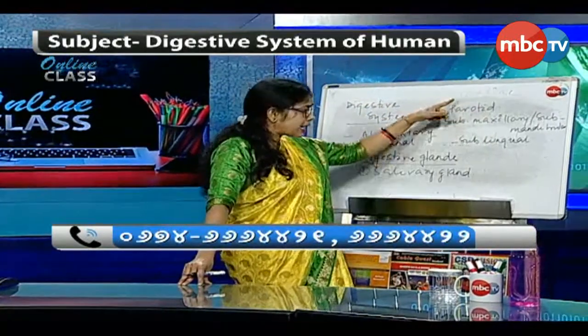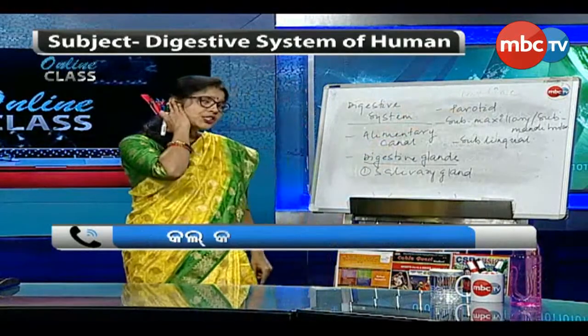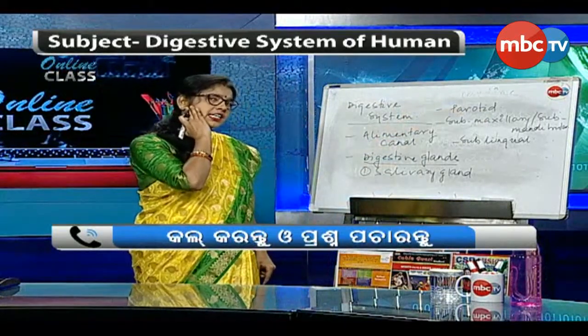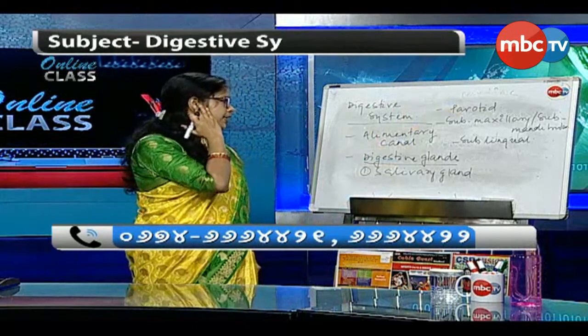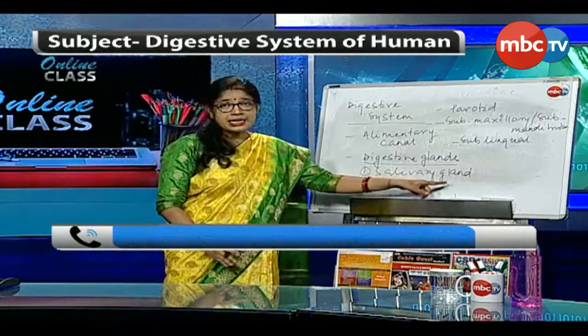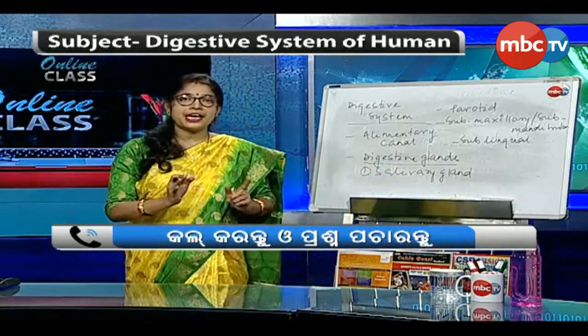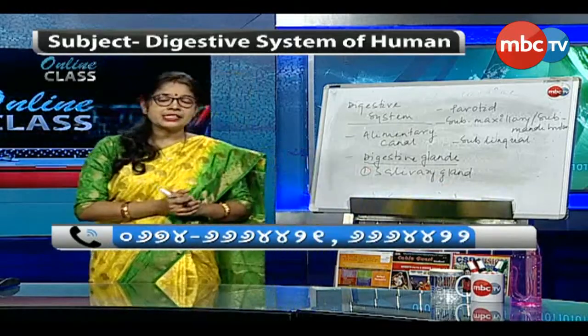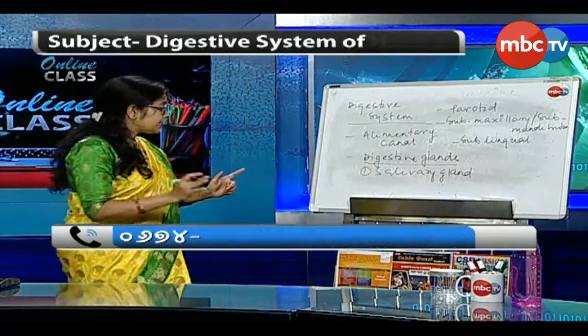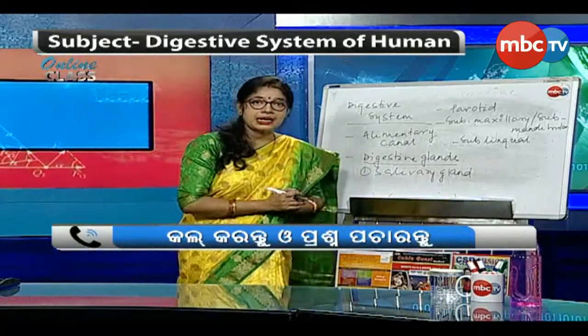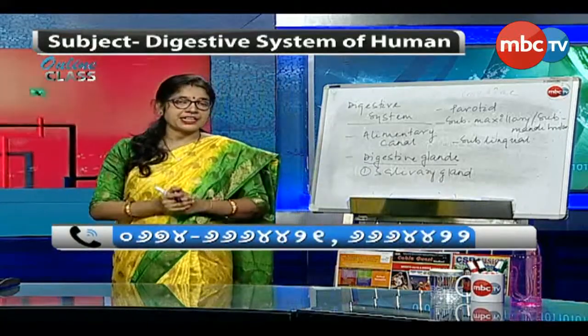The parotid salivary gland's position is just near the cheek region, just below the ear pinna. The salivary gland is an example of exocrine gland, means the secretory matter secreted from this gland is carried through respective ducts.